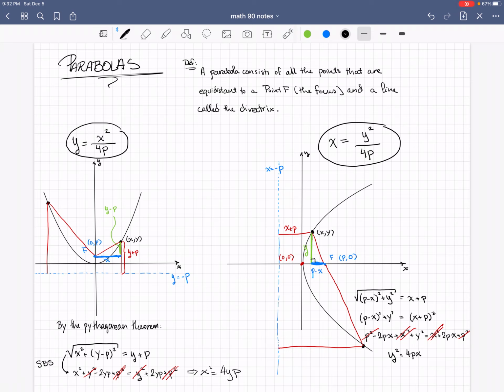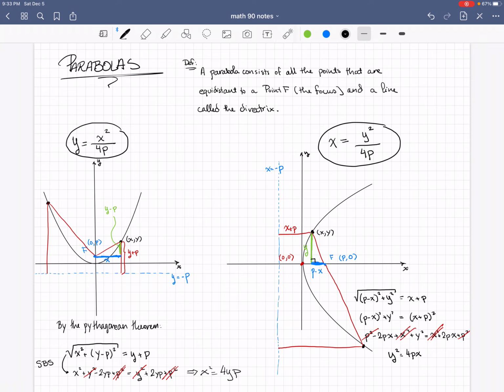So from here we see, and these are things we'll talk about in a video on examples later, that if I'm given the equation of a parabola, I can figure out its focus and its directrix. And if I'm given the directrix or the focus of a parabola, I can figure out its equation. So we are seeing this intimate relationship between the equation of a parabola and the location of its focus and its directrix. Something to noodle on for later.